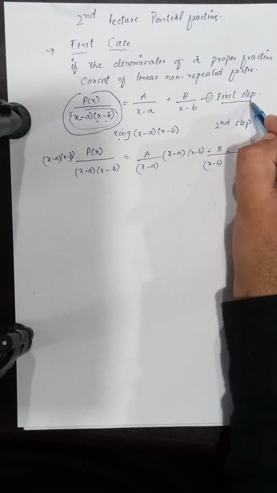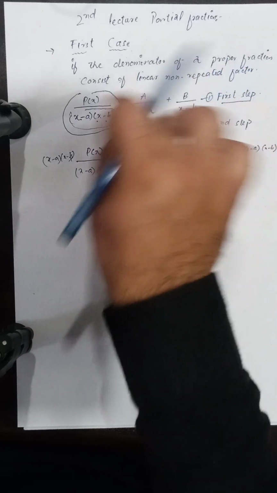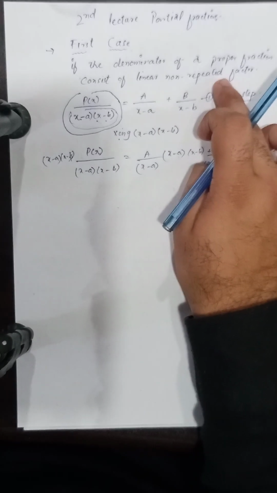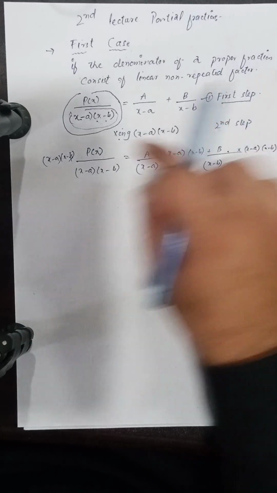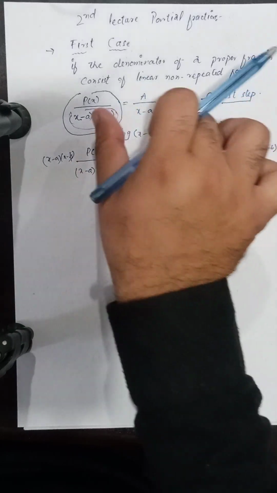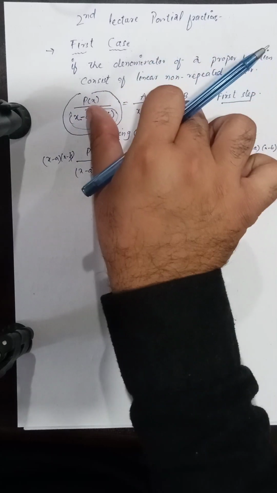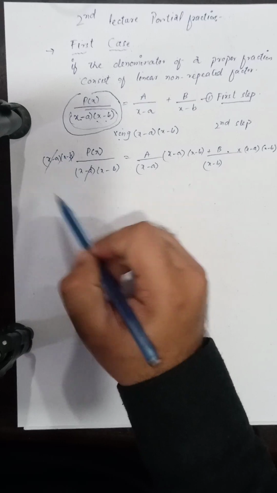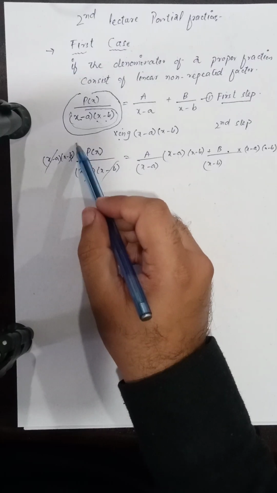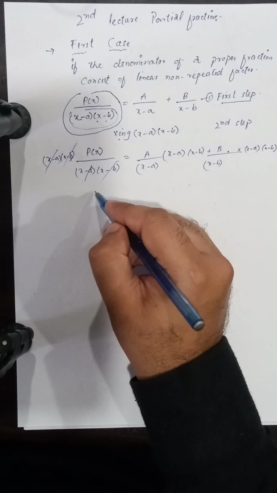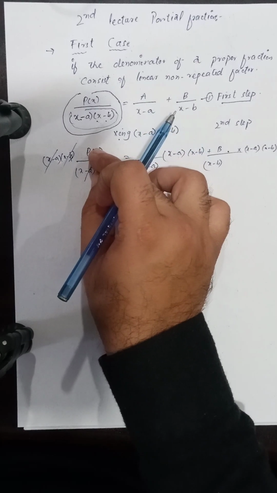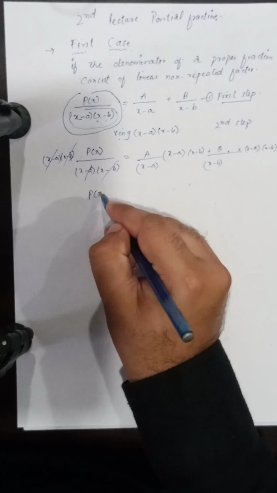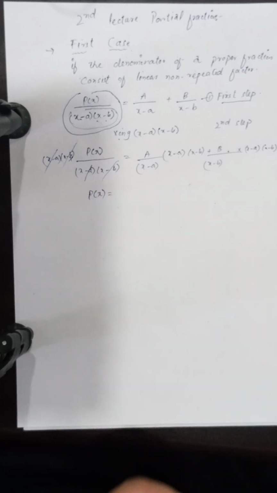In the first step we split the fraction in this way if it consists of linear non-repeated factors, and in the second step we multiply the denominator to both sides of this equation. So x minus a will be cancelled out with this x minus a, x minus b will be cancelled out with this x minus b, and the left hand side will only be left with the numerator P of x.